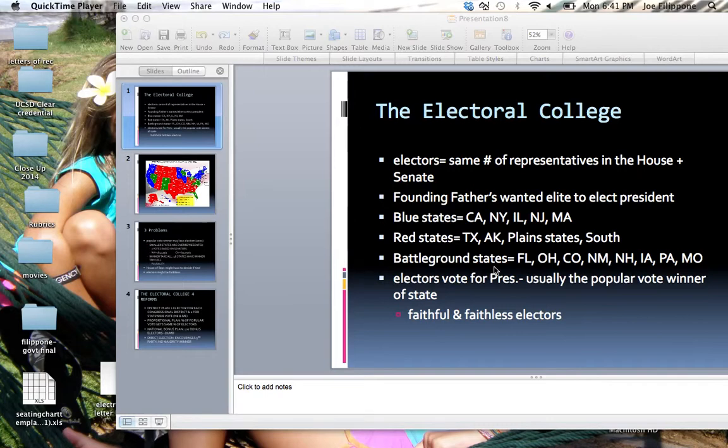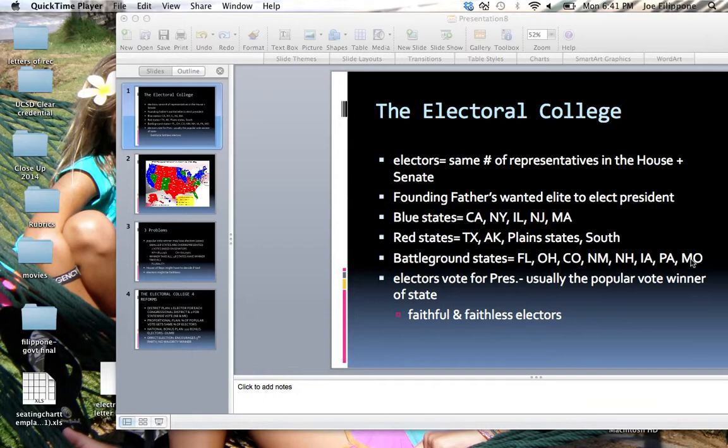Now, the problem with the Electoral College, or some of the reasons what happens with the Electoral College, is candidates spend most of their time in the battleground states like Florida, Ohio, Colorado, New Mexico, New Hampshire, Iowa, Pennsylvania, Missouri, sometimes Virginia, North Carolina, too. Those states see the most candidates.